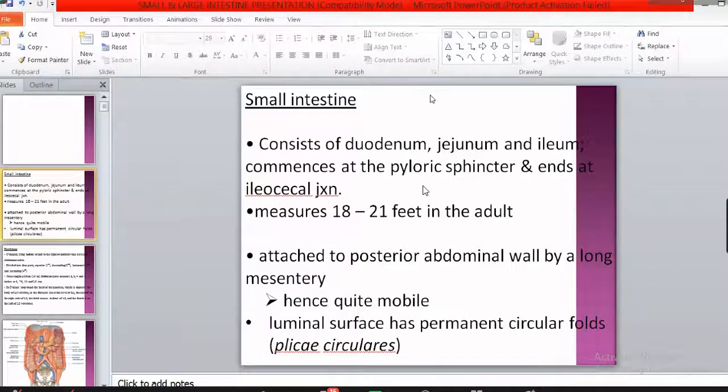Now, in physiology, you'll know the function of the small intestine is mainly absorption of digested food. A little bit of digestion still occurs, especially in the duodenum and portion of the jejunum, where you have secretions from the pancreas and the bile being released into the second portion of the duodenum.